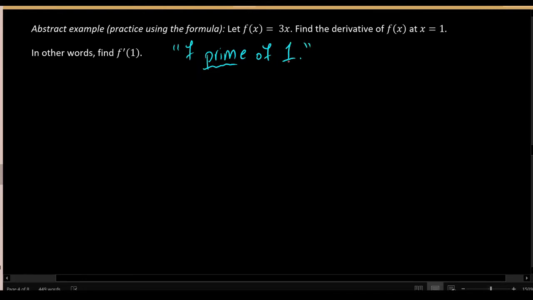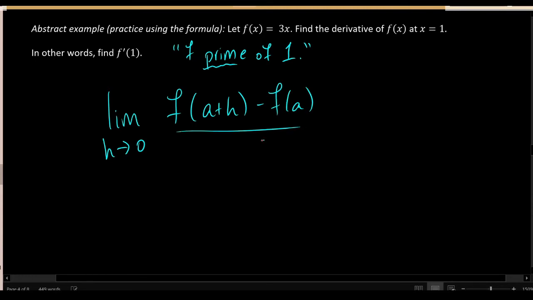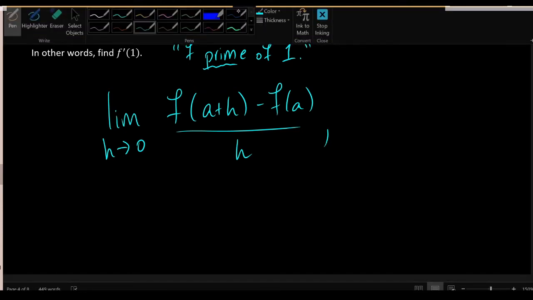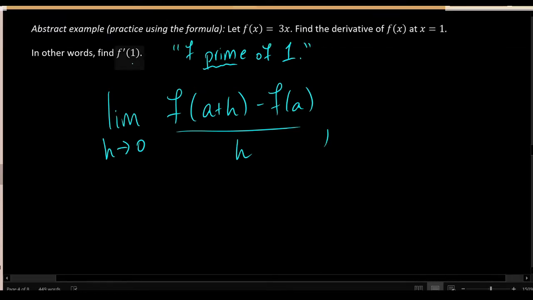So what I'm going to do is set up this formula, the limit as h approaches 0 of the average rate of change, f of a plus h minus f of a divided by h. A is the x value that you are interested in for your calculations.